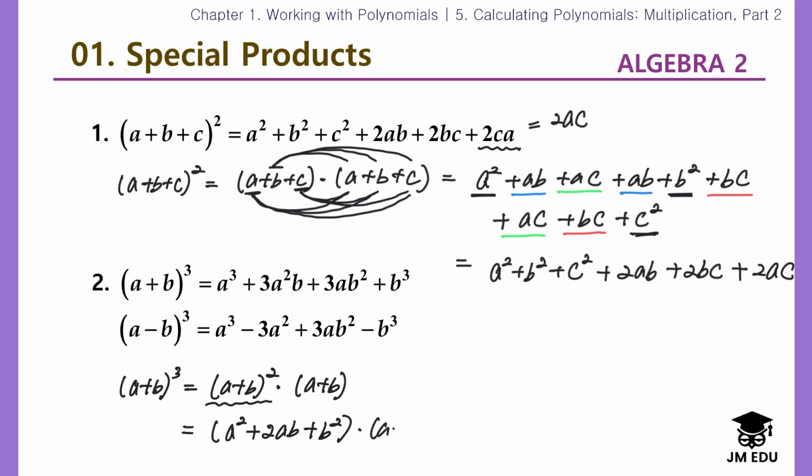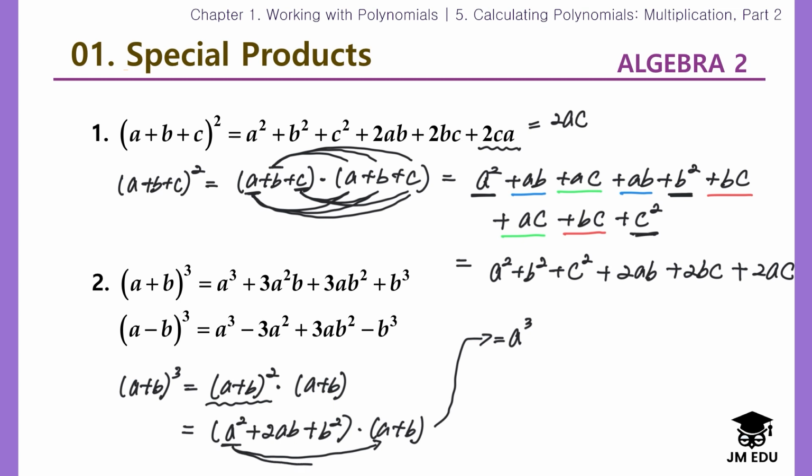And we have a plus b here, right? So if we expand this, here, we're going to distribute, starting from a squared times a, that's a cubed.